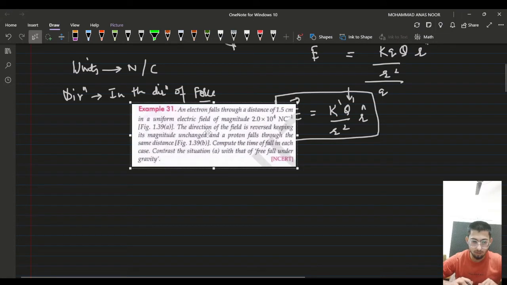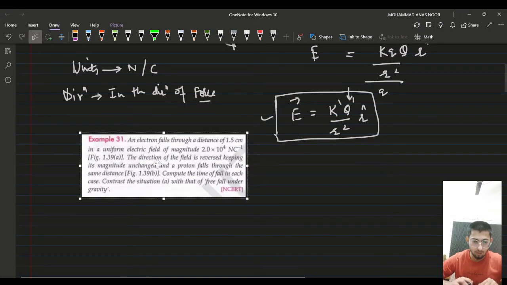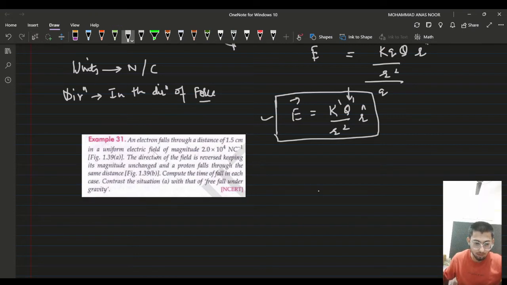The question is this. An electron falls through a distance of 1.5 centimeter in a uniform electric field of magnitude.